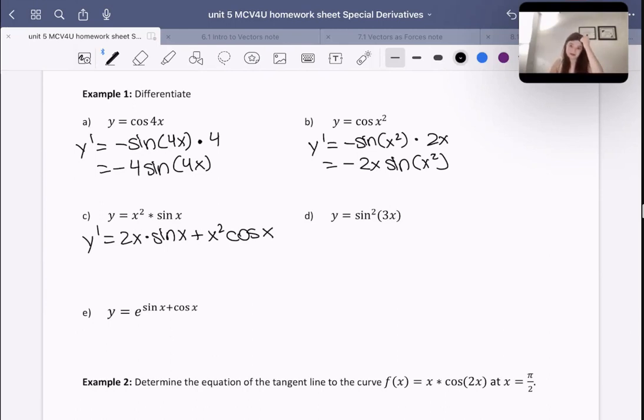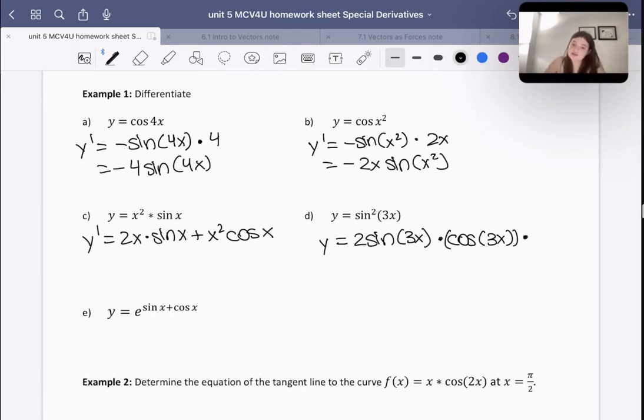Okay, and then here we have sine squared of 3x. To do that, we must apply our power rule and chain rule here and say y prime must be 2 sine 3x times the derivative of what's inside our brackets, which is cosine of 3x, to chain once, and then we chain again.